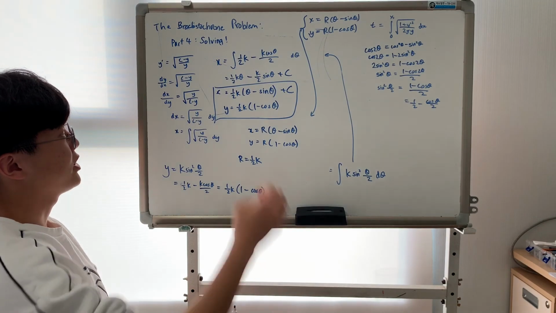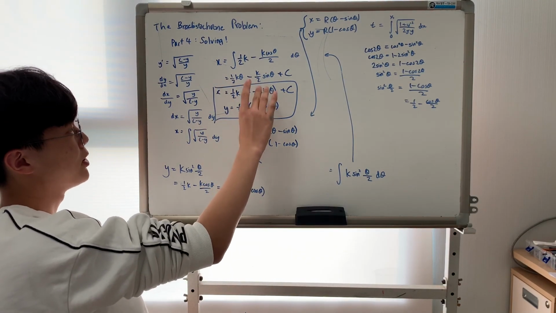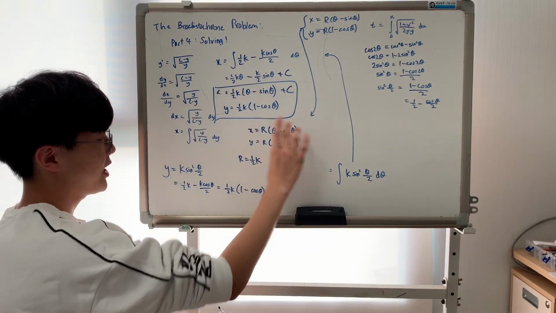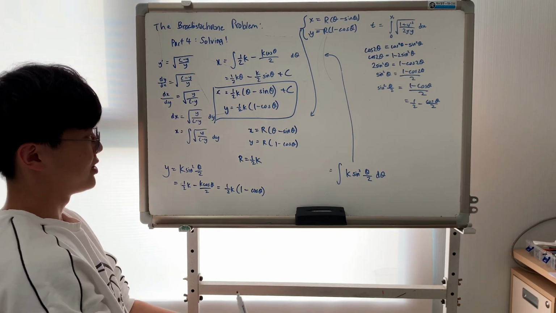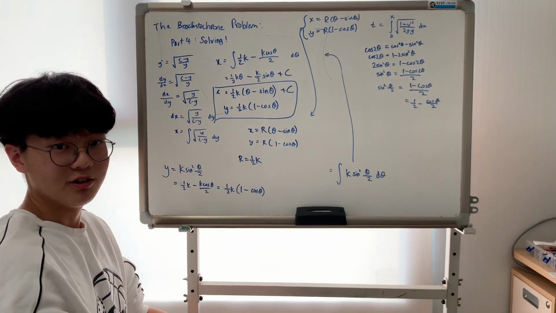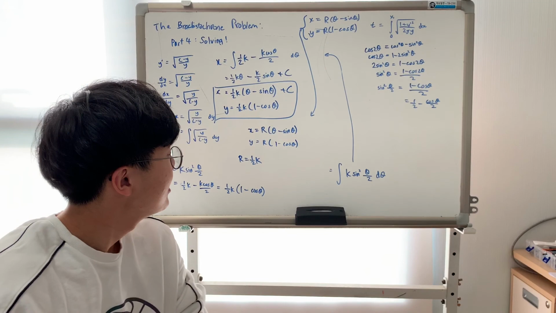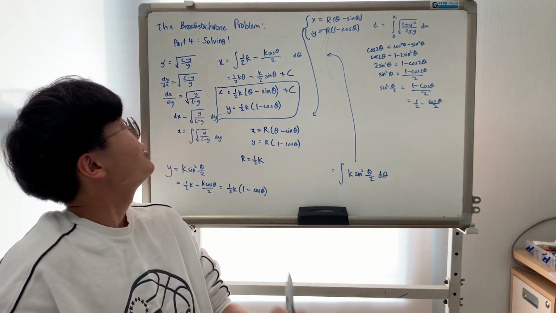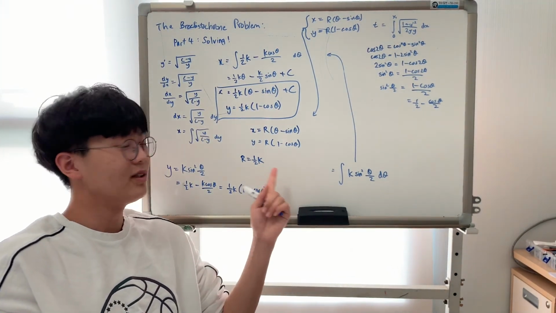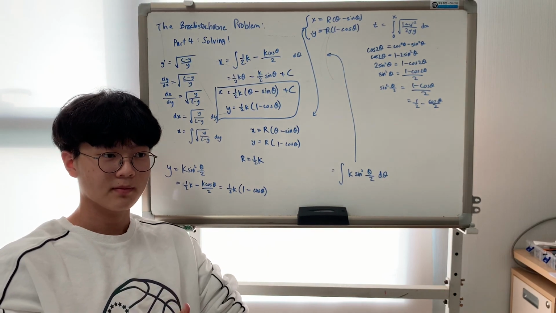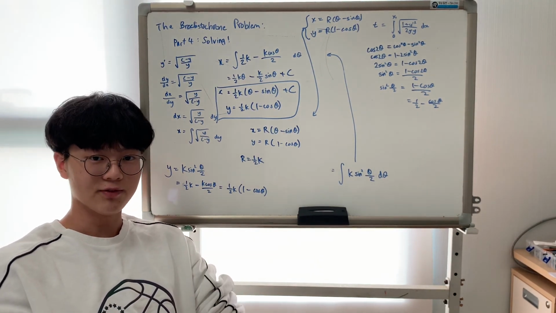We get that the solution to the Brachistochrone problem is in the form of a cycloid. And yeah, so this is the conclusion to the video. We have just proven that the solution to the Brachistochrone problem is indeed in the form of a cycloid.